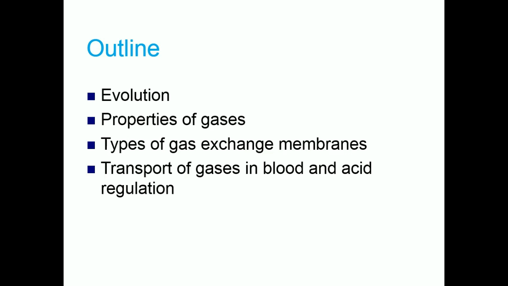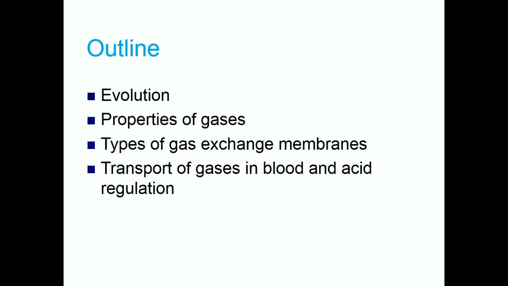Okay, so this class is going to start with some considerations about evolution of the respiratory system in humans or higher vertebrates. We will discuss the property of gases as they pertain to respiration. Then we will cover several different examples of gas exchange membranes that we can find in different phyla of animals.